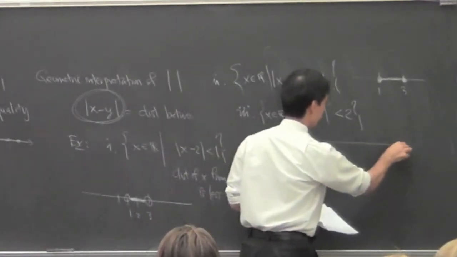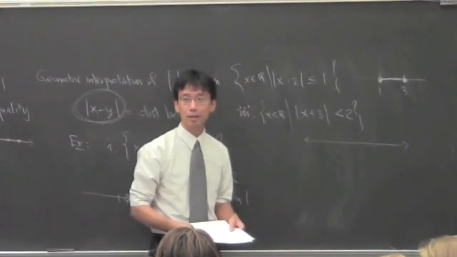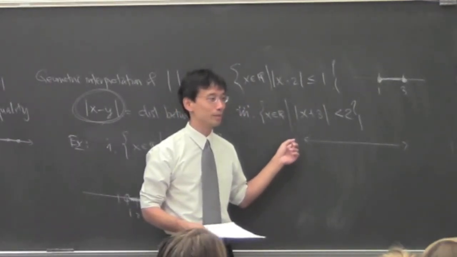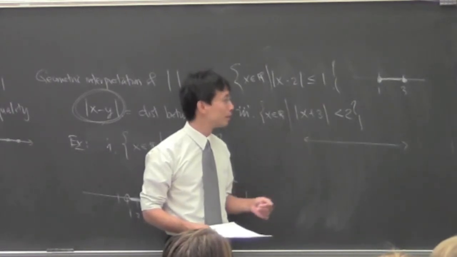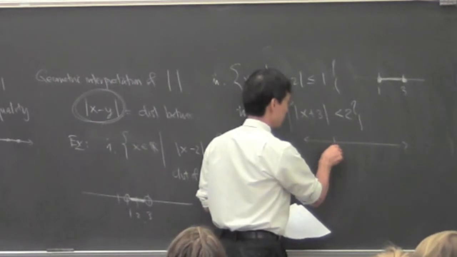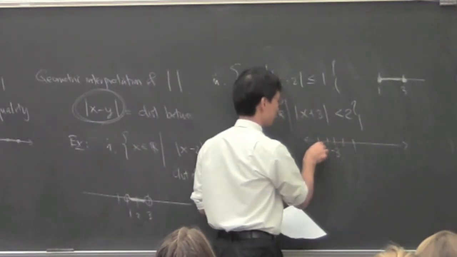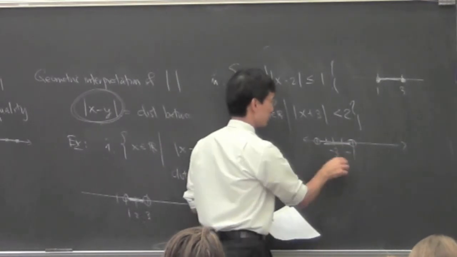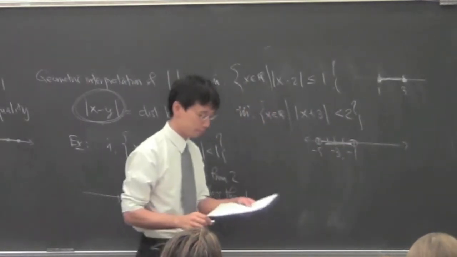So what is it? In English? Is it just the distance between x and negative 3? That's right. The distance to -3 is less than 2. So it's between -5 and -1.